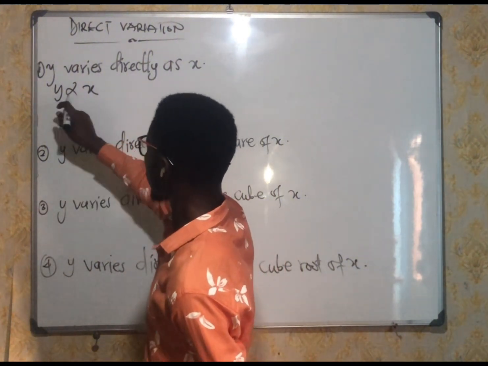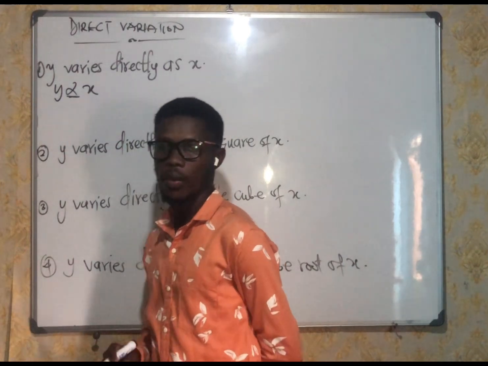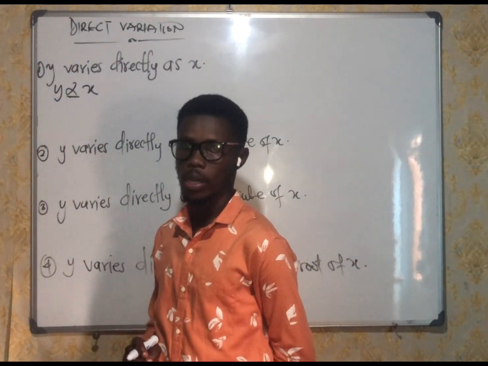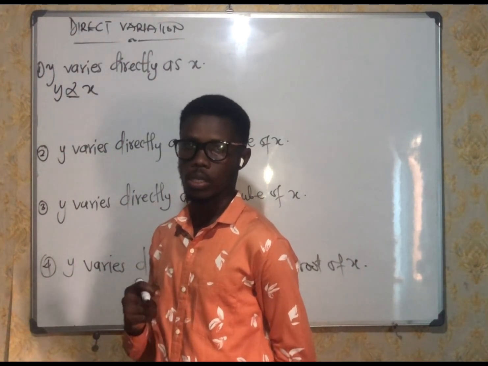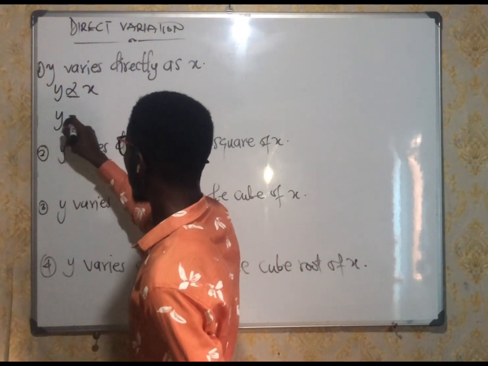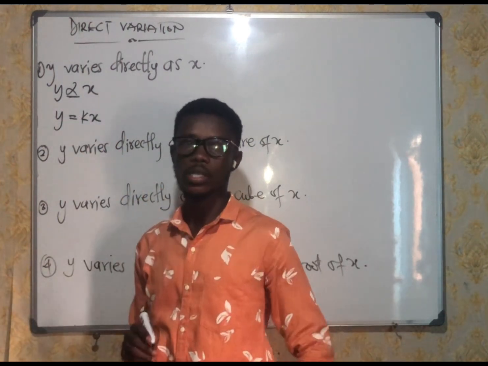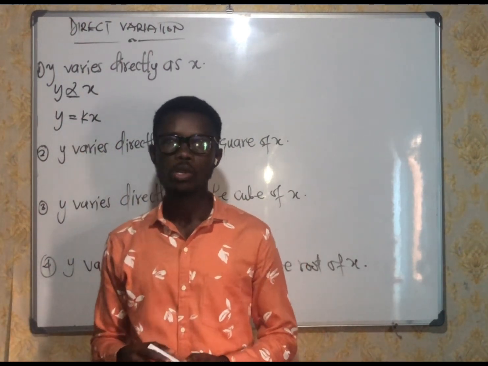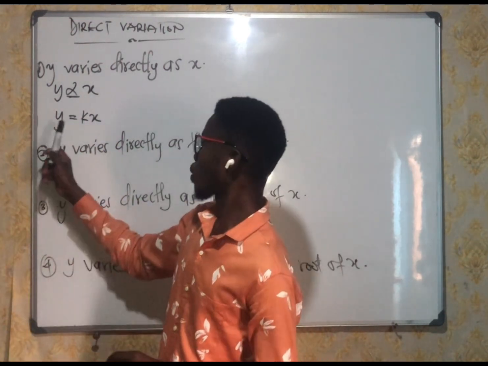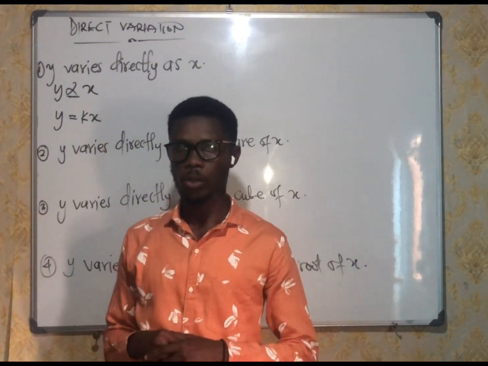Now, I want to take off this variation symbol and bring the equal sign. For me to do that, I would introduce a constant. So before you can take off the variation symbol and bring the equal sign, you introduce a constant of proportionality.